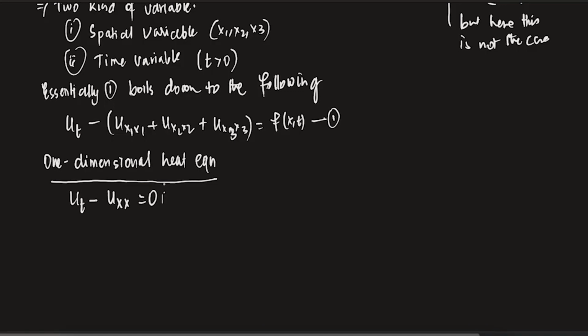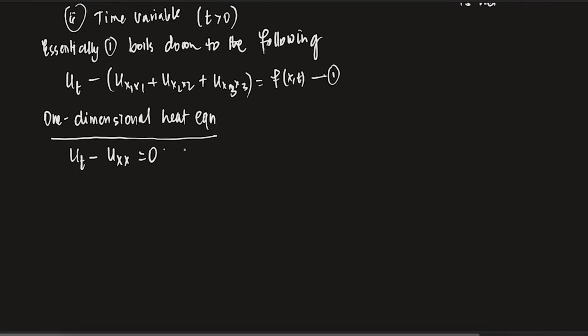That's your one dimensional equation. t is always between 0 and infinity, so t does not do anything. Whatever change in dimension there is has to be in x. Whenever we say one dimensional heat equation, we mean u_t minus u_xx, only the x variable is there. So x is in R and t is greater than or equal to 0.